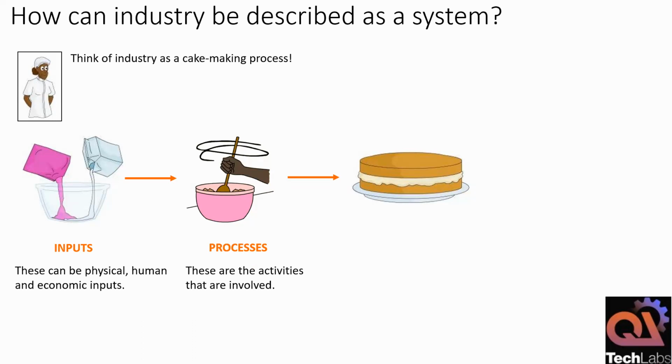Process. You might put first sugar. You might heat the sugar. You might put the dough. You could do it via oven, microwave, whatever you want to say. These are the activities that are involved. So whatever the activities that are involved in making with the inputs are called processes.